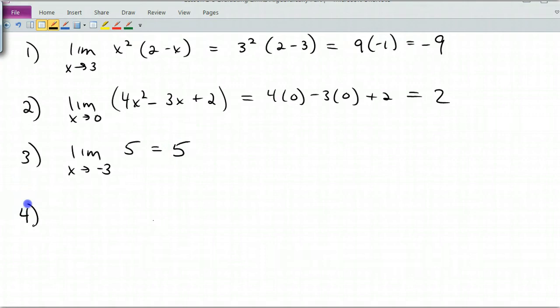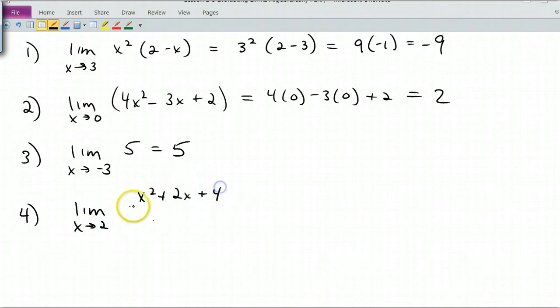All right, how about a rational function? The limit as x goes to 2 of x squared plus 2x plus 4 all over x plus 2.